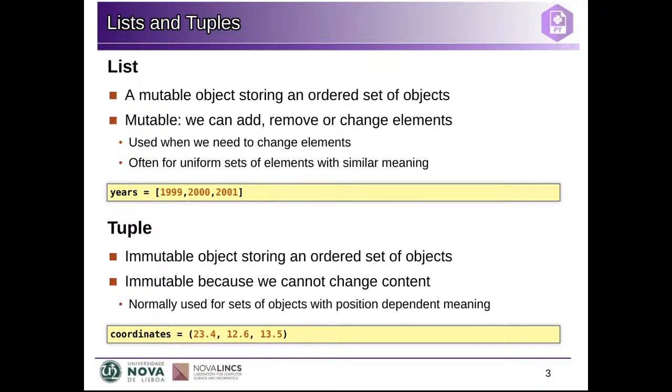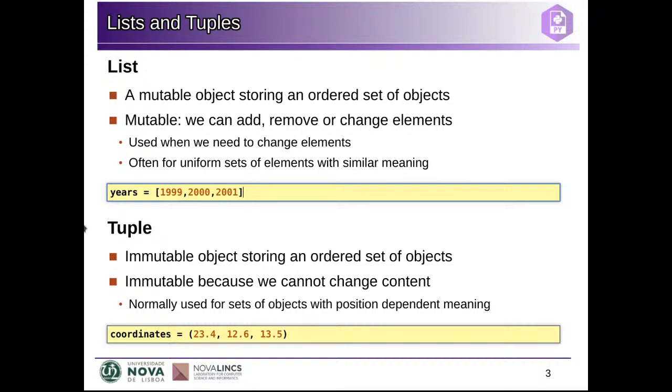The list object is always the same object, but you can add elements, remove elements, or replace elements. So this is often used when you need to store sets of values that have the same sort of meaning, for example, different years in a list, and when you need to change the elements or add new elements there.